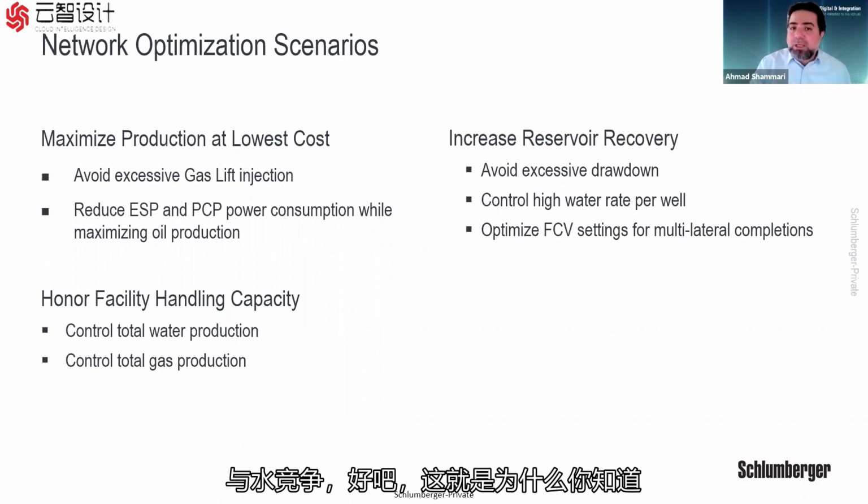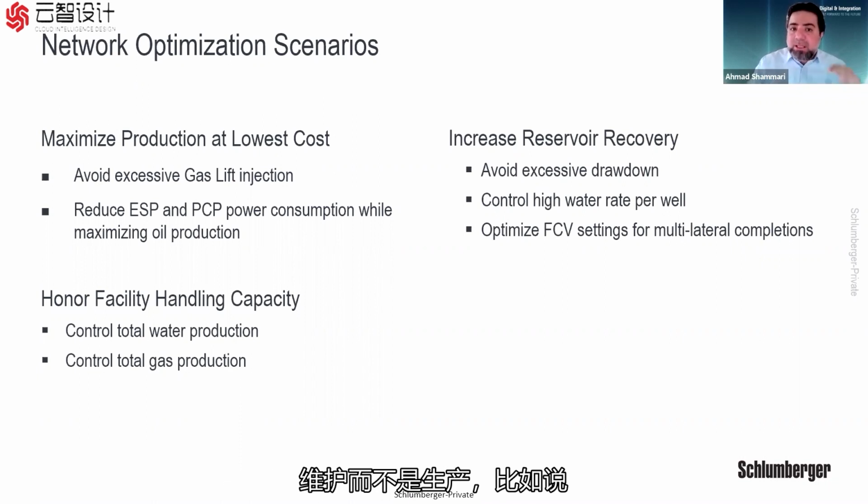Okay, and that's why, instead of producing, let's say, 3,000 for 2 years, I can produce 2,000 for maybe 5 years, which is more cumulative production. I can increase my reservoir recovery. So that's why the operator needs to avoid excessive drawdown and control high water rate per well.